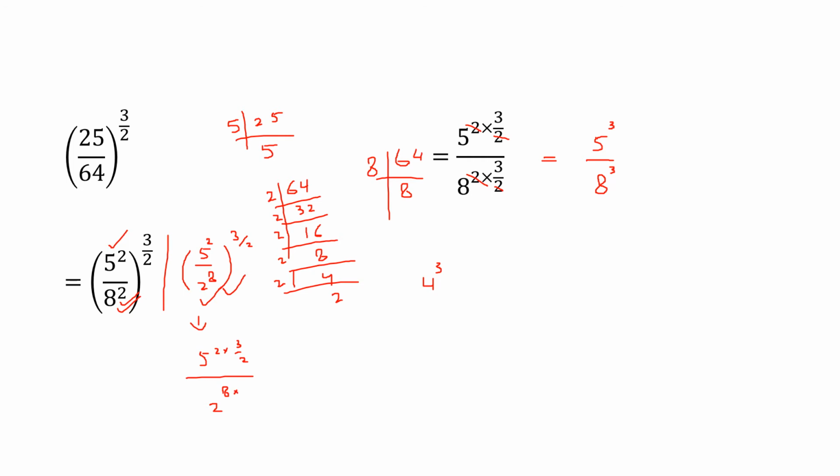The outside exponent will be multiplied here, and it comes the same 5 exponent 3, because these 2s cancel each other. Now this 8 can be cancelled with this 2, so it becomes 4, and 3 fours are 12. So this is another answer.